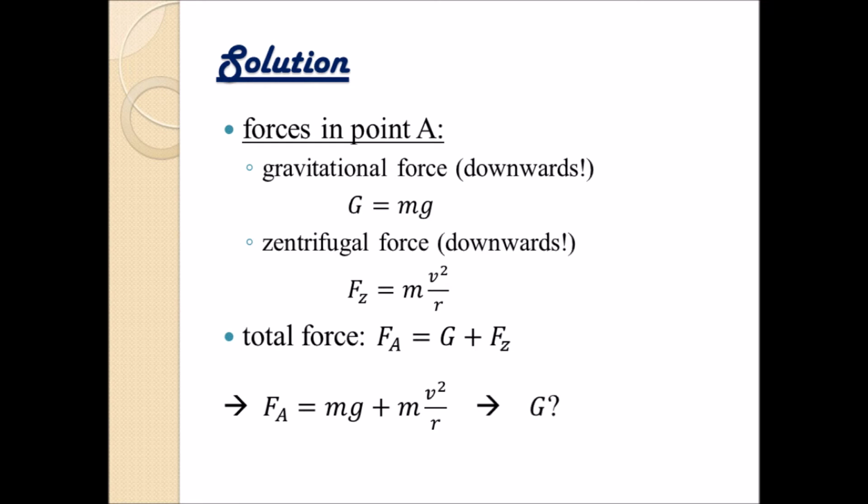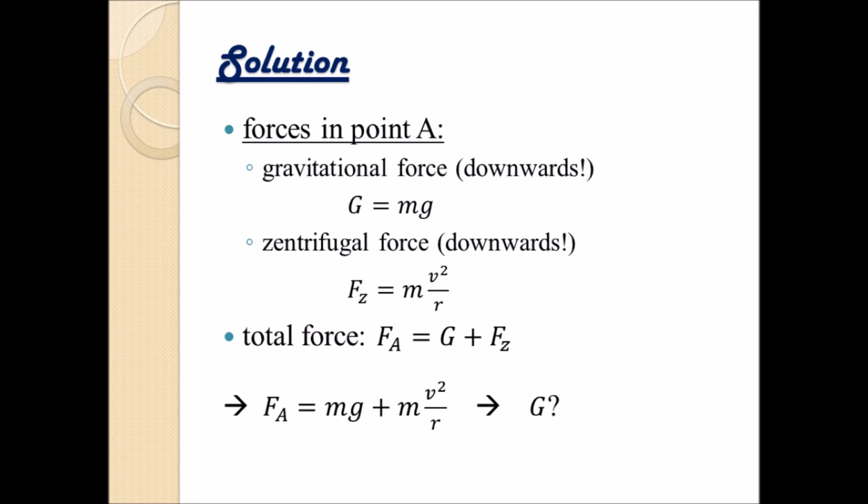We are supposed to give our results in multiples of our gravitational force. So on the right-hand side of our equation, the second term is still a bit different. It's not really multiples of m times g. So we have to rewrite this part of the equation.